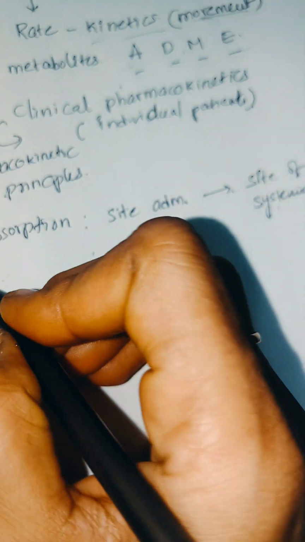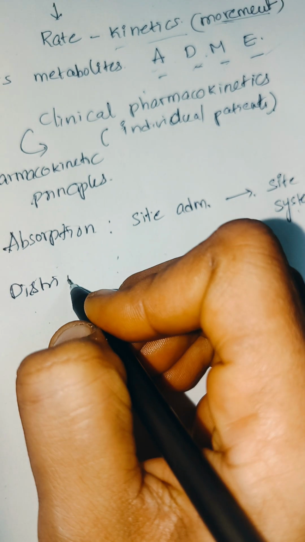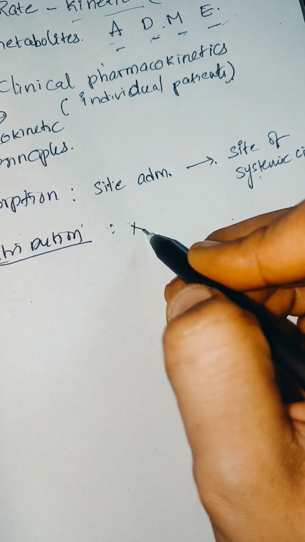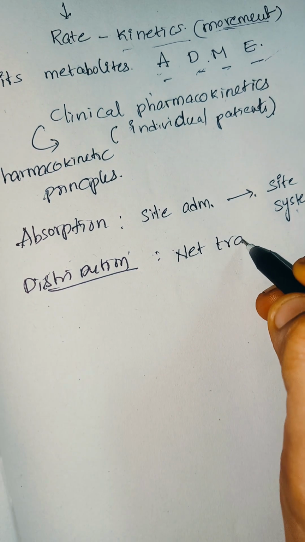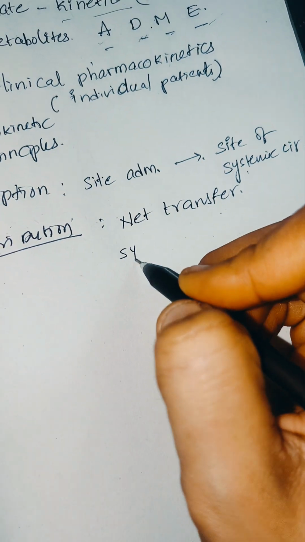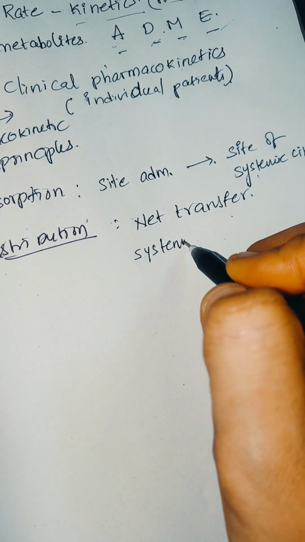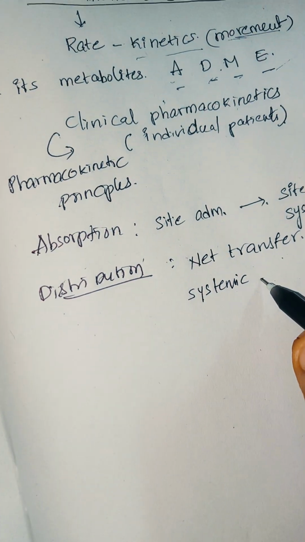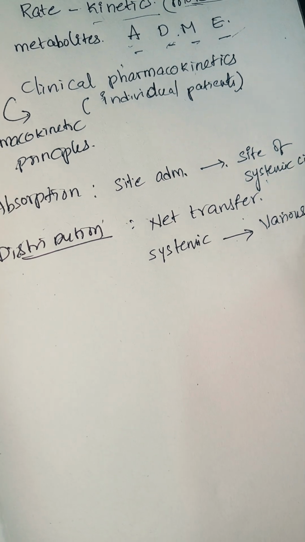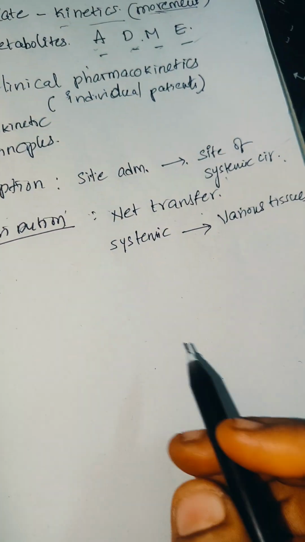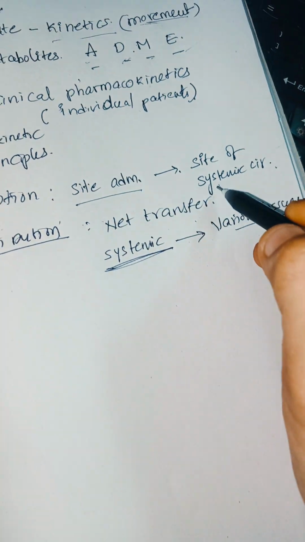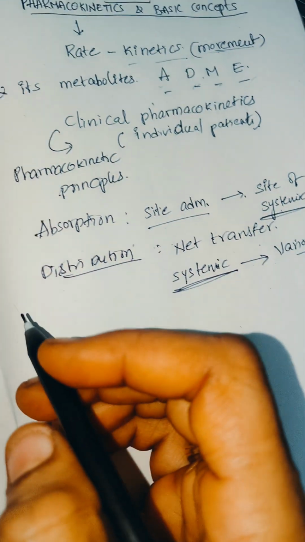Next, what is distribution? This is the net transfer process from the systemic circulation to the various tissues. So absorption is the site of administration to systemic circulation, and distribution is systemic circulation to tissues.